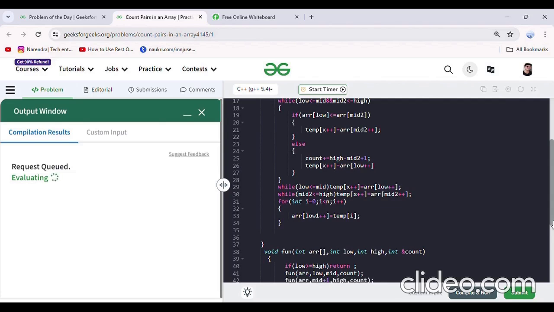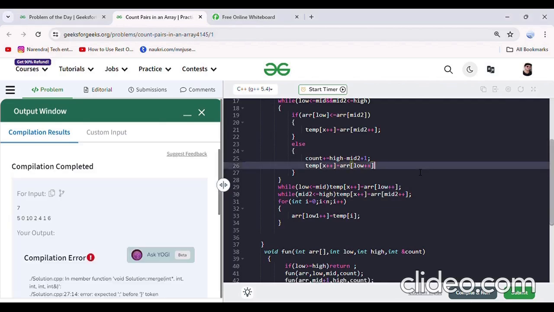My internet is very slow today. Again we got the error.